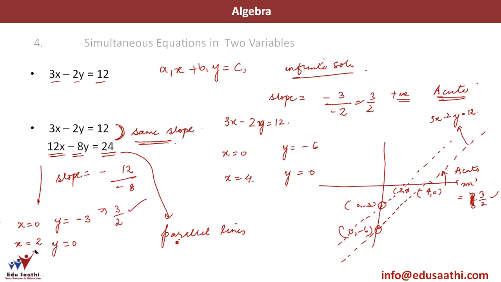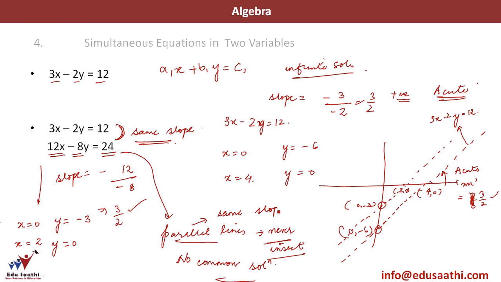They will never ever intersect. And if they don't intersect, there is no common solution that I can have for both the lines simultaneously. So the first thing you need to remember is that parallel lines have the same slope.